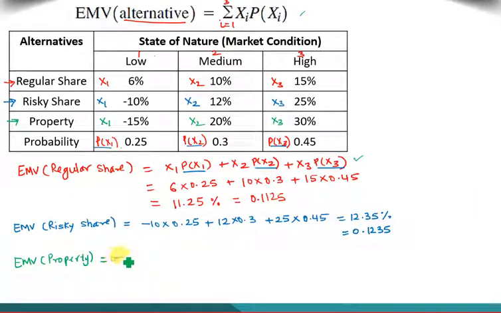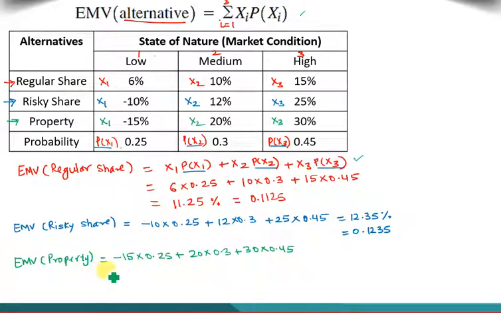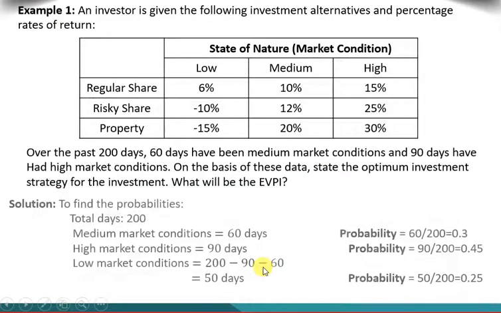So it gives you minus 15 times 0.25 plus 20 times 0.3 plus 30 times 0.45, which will give you 15.75 when you do it in percentage, or it is equal to 0.1575.